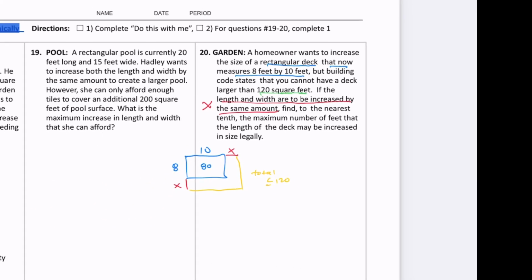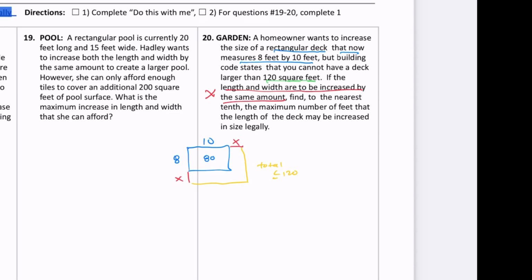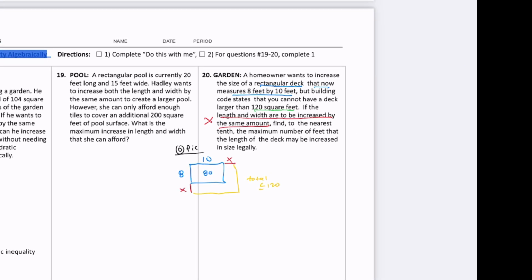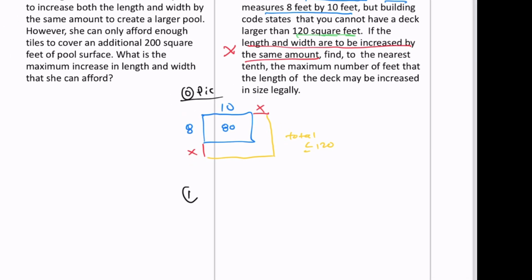So let's go into use step 0 is our picture. We got that. And then number 1, we'll just have x plus 8. And then the other one, 10 plus x, or x plus 10, is less than or equal to 120.